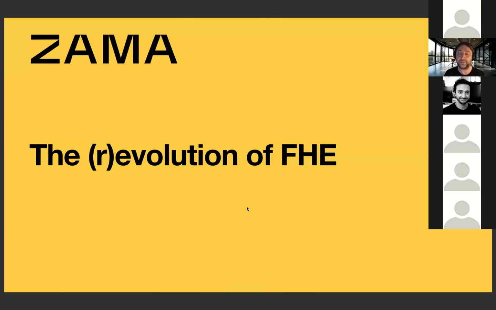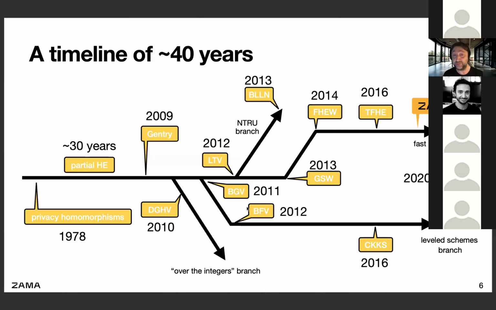So I'm going to talk about the evolution of FHE and how we came to it. So don't be afraid, it's a little bit complicated. You can see here kind of a multiply forked timeline. It started about 4 decades ago, where people in cryptography thought about this concept of what they called at the time privacy homomorphism, which is basically that the encryption function is some kind of a homomorphism, meaning that it preserves an operation like addition or multiplication, however they are defined.